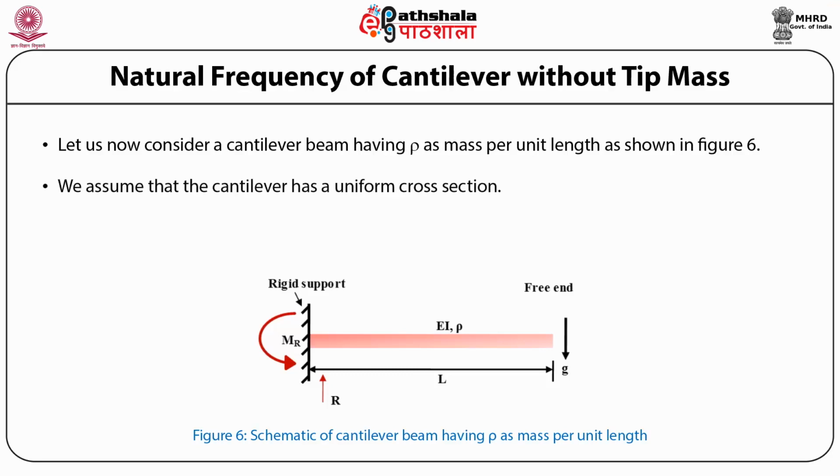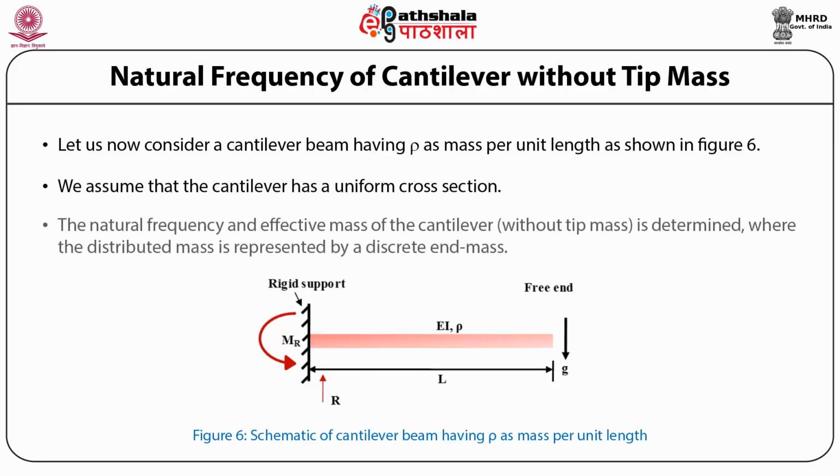We assume that the cantilever has a uniform cross-sectional area, and the natural frequency and the stiffness of the cantilever without tip mass is determined. So students, you can see the schematic of the cantilever having rho as mass per unit length.